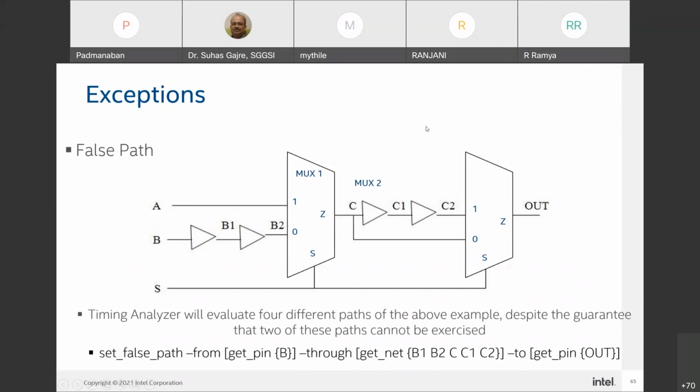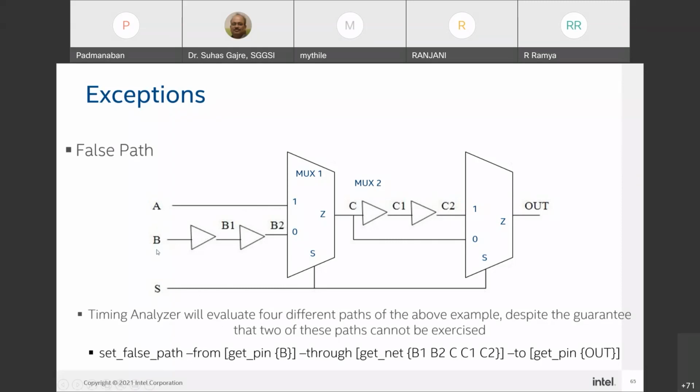But there is one select line that is connected to both multiplexers. Even though there are 4 timing paths, only 2 are valid based on the select line. If the select line is 1, then A, C, C1, C2 out will be valid.